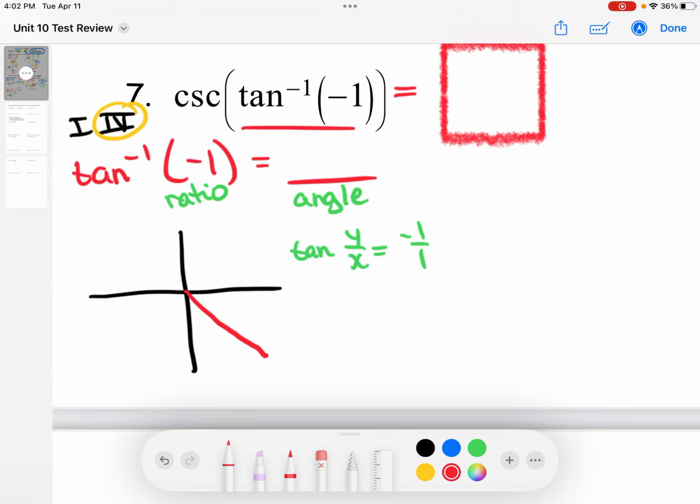So draw the angle into the quadrant, perpendicular to the x-axis, one leg on the x-axis, theta at the vertex at 0, 0. With these legs being the same, it's a 45, 45, 90 triangle. That reference angle would be 45 degrees or pi over 4 radians. We are in quadrant 4, so we need to use the negative angle. So we will call this angle negative pi over 4.